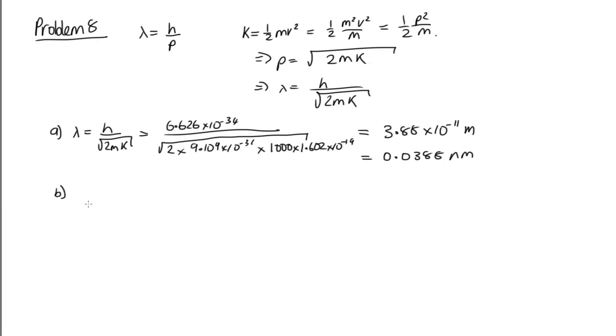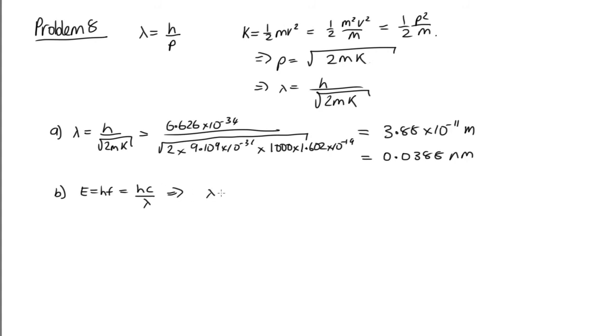Part B, we've then got a photon in this case. So for a photon, we don't have a mass here, so we can't use this same expression. But for a photon, we know that E is equal to hf, and we know that f is equal to c over lambda. So this is equal to hc over lambda.